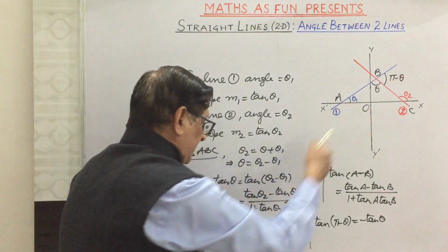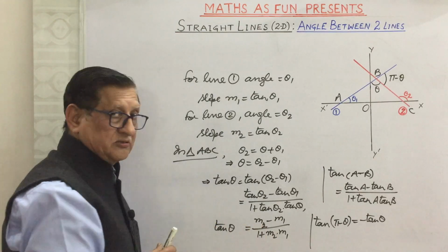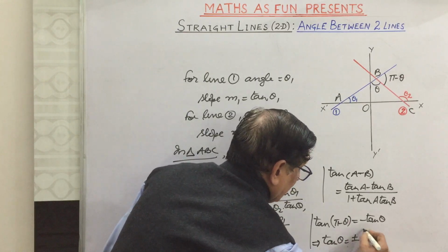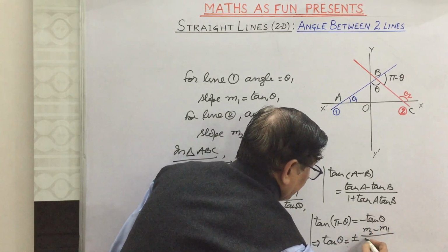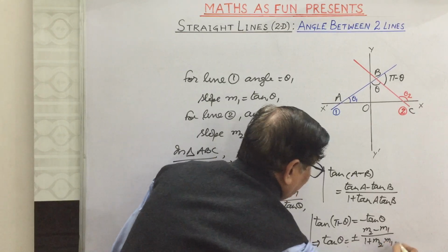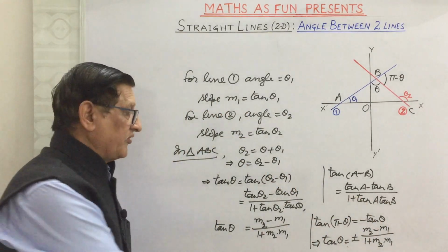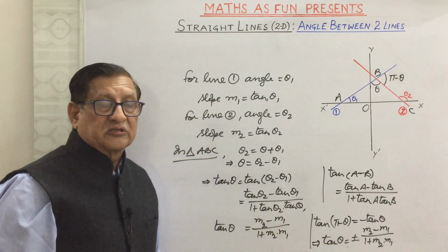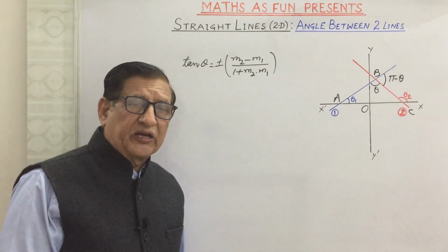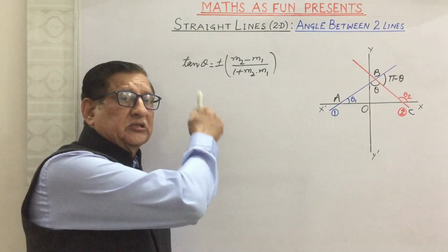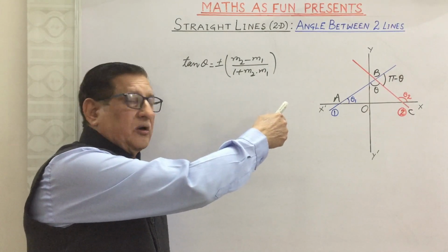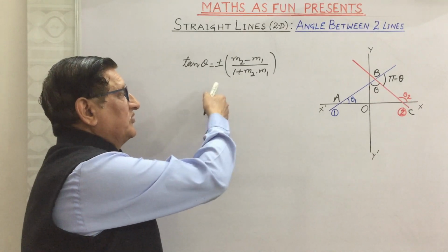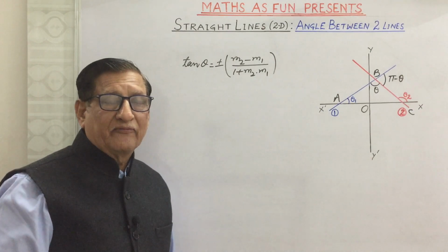It means for this angle we can apply the sign of minus, and hence we can say that tan theta is equal to plus minus m2 minus m1 upon 1 plus m2 into m1. We can find both the angles by applying this particular formula. So the tangent of the angle of intersection of the two lines is given by tan theta equal to plus minus m2 minus m1 upon 1 plus m2 into m1.